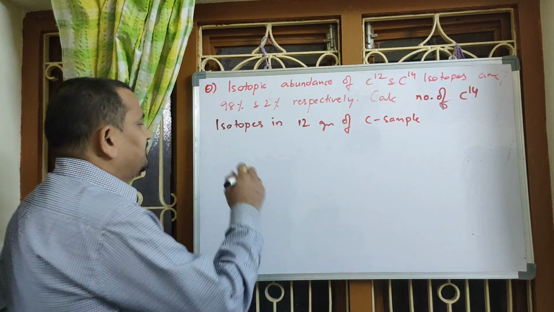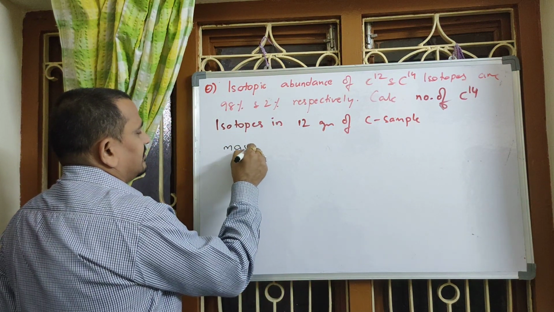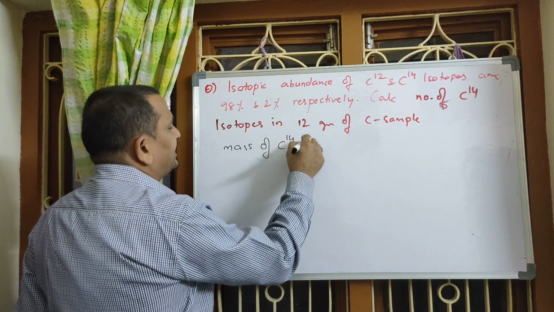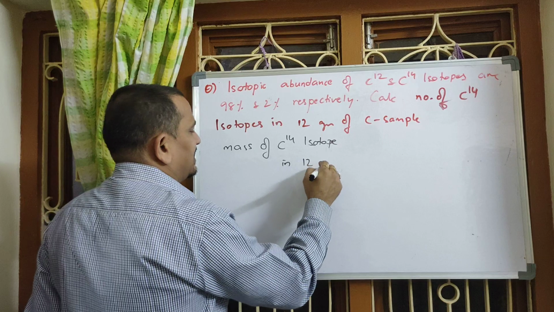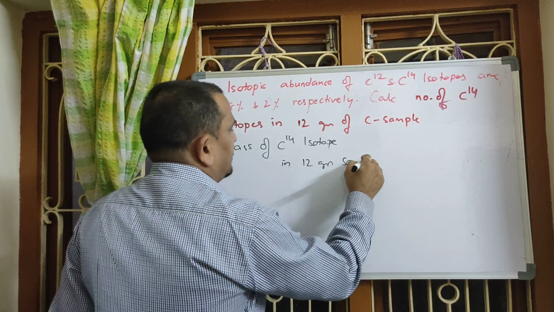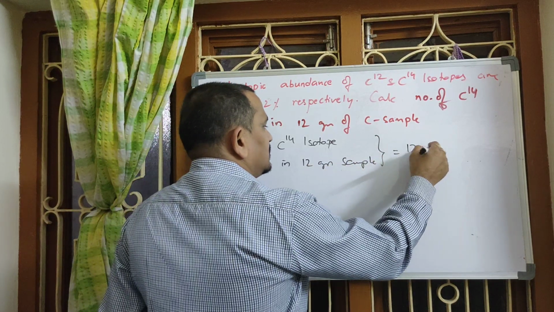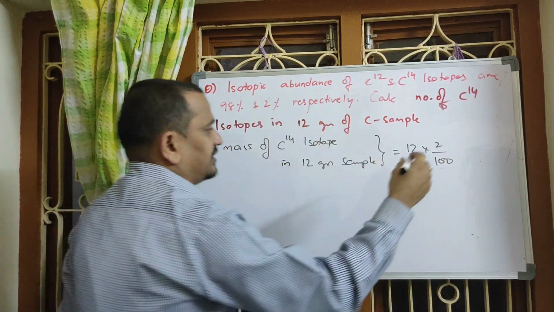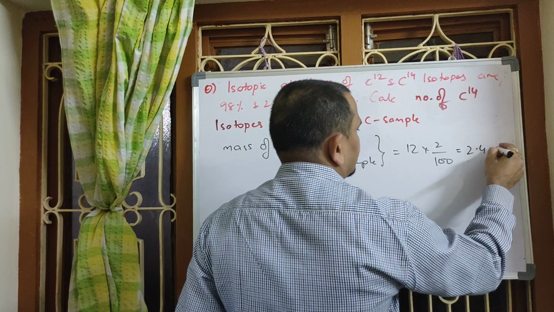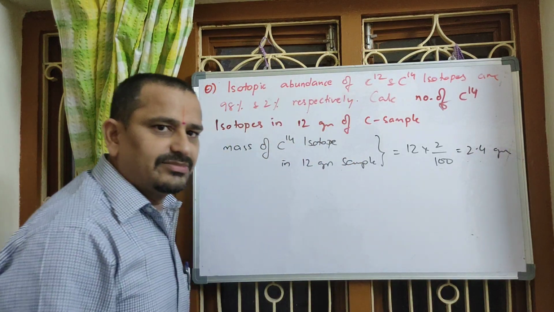So we can calculate the mass of carbon 14 isotope in the 12 grams sample. It equals 12 into 2%. 2% of this is carbon 14. It is 0.24 grams, right? Now we got the mass.